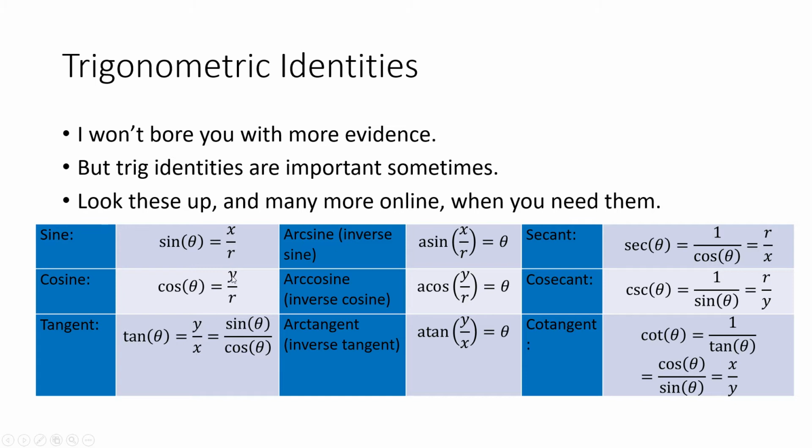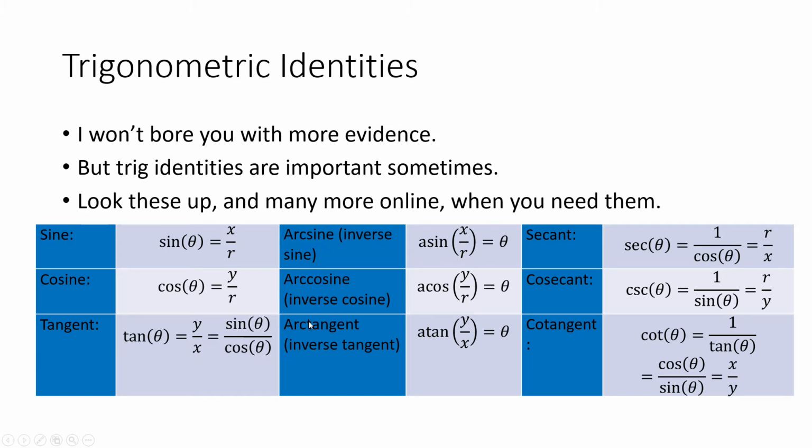Or you can put in the x and y and r values instead of opposite, adjacent, hypotenuse. So sine theta is x over r, cos theta is y over r, tan theta is y over x. But there's another identity I'm going to throw in here, which is that the tangent of an angle is equal to the sine of an angle over the cosine of the angle.